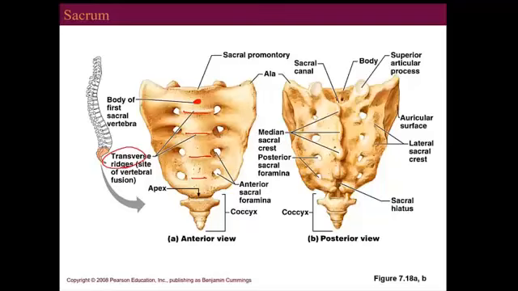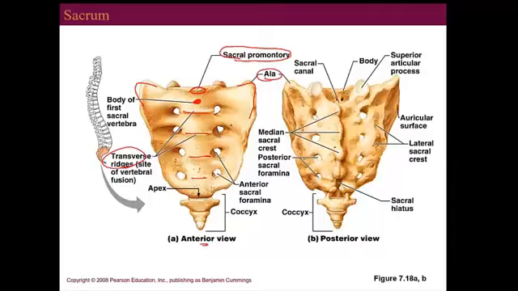On the proximal side, it looks like it has wings. The part that looks like wings is called alae, which means wings. And then this part here, the anterior part of your sacral vertebrae, is what we call the sacral promontory. Remember, the sacral promontory is the one that projects into the pelvic cavity.